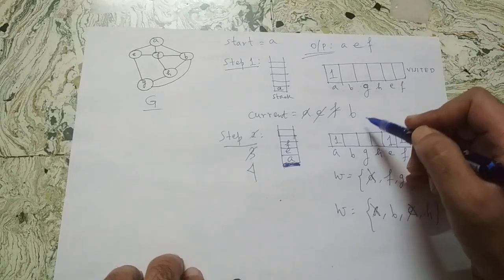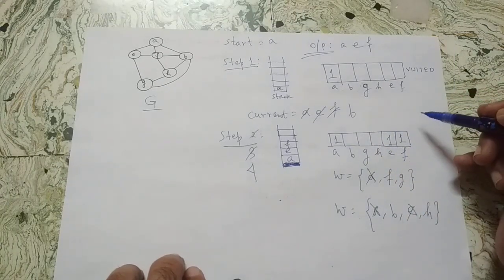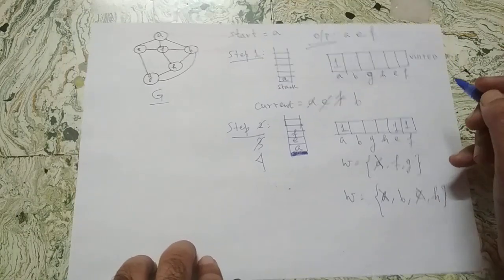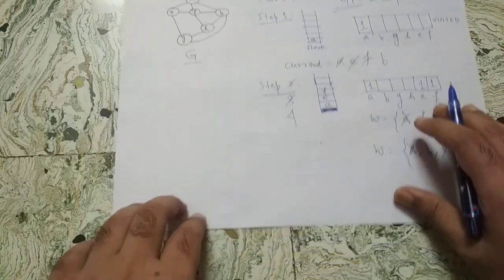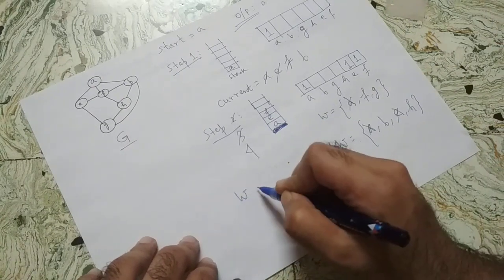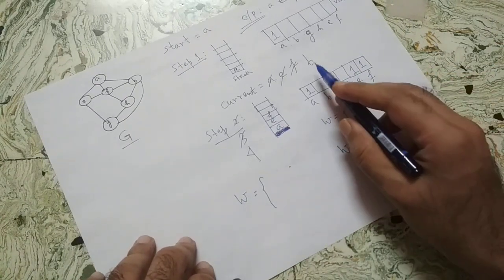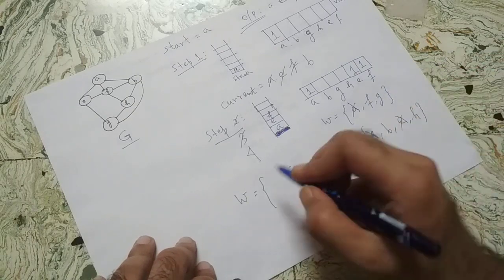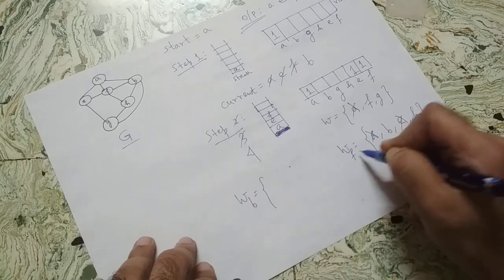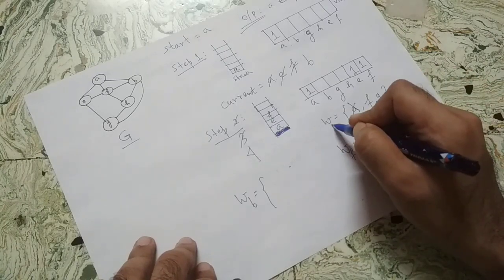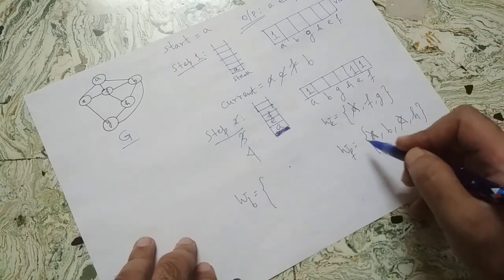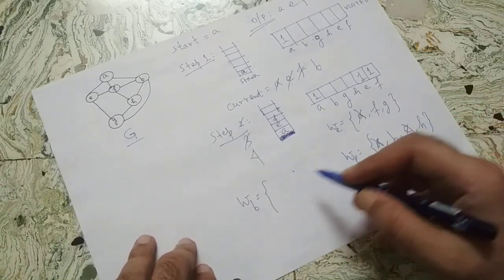With B as my current vertex, my job is to look at the adjacent vertices of B. Let me just tilt the page for you; it will be a bit easier for me to write. These were the adjacent vertices of F, and these were the adjacent vertices of E. The suffix denotes the vertex for which I am listing out the adjacent vertices.